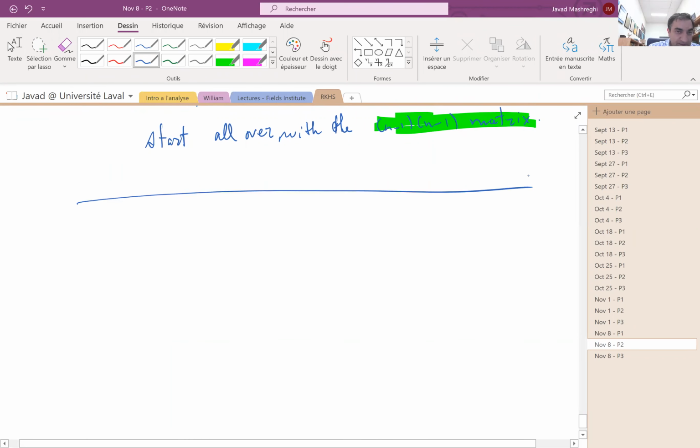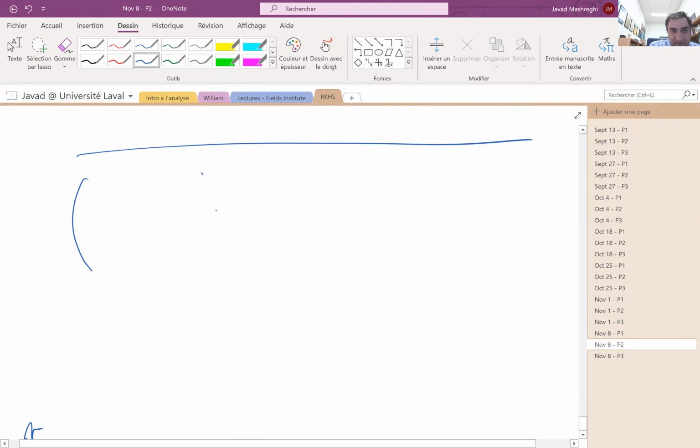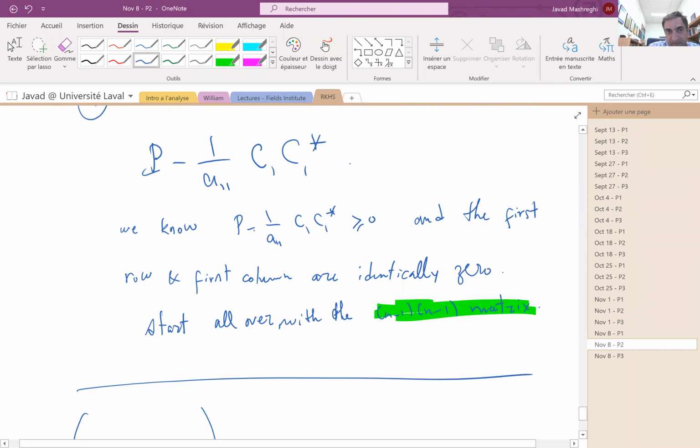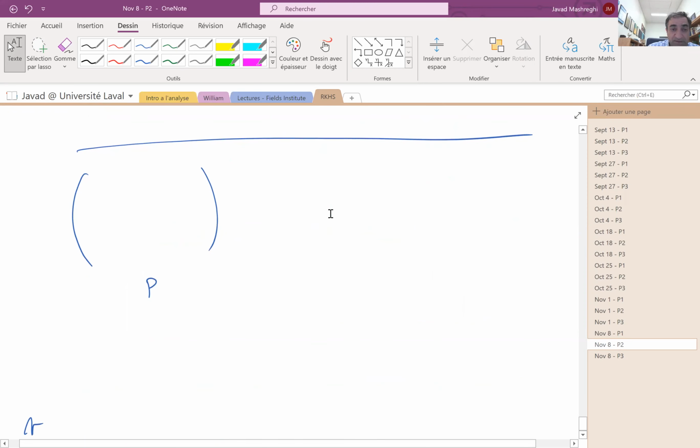So briefly speaking, you have a matrix like this. This is your P. And in the first step, instead of P11, I write the square root of P11 squared and give one root to this one and one root to this one. I start with P, and then I have P minus, let's call it, L1 star.